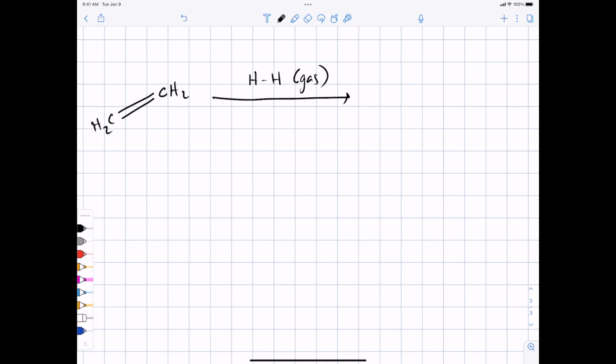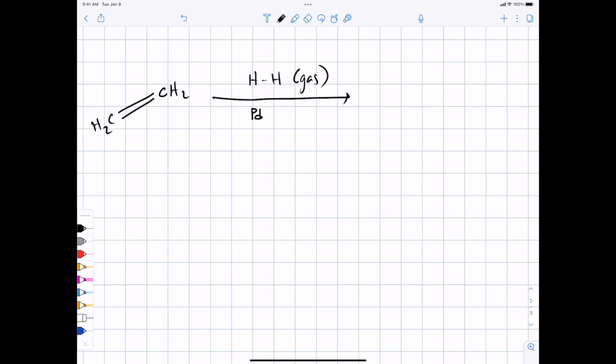And that catalyst is the transition metal palladium in its zero oxidation state. And when you use metal catalysts, often surface area can be a big deal. You want your molecule to be able to approach the catalyst and have lots of different reactive sites on the catalyst for the reaction to work.